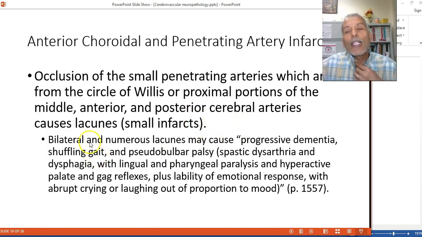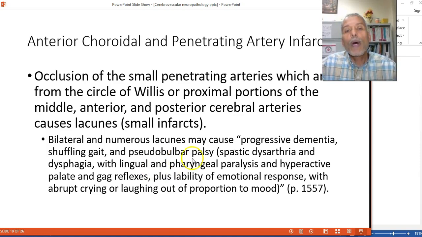If these little lacunes are bilateral and there are so many of them, that is going to cause progressive dementia and shuffling gait. The person has difficulty lifting up their feet and moving.